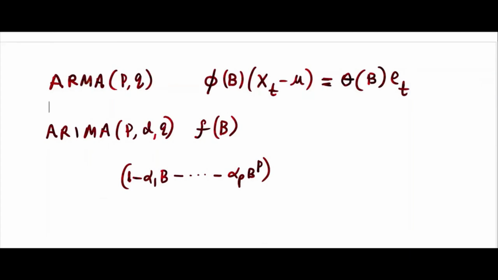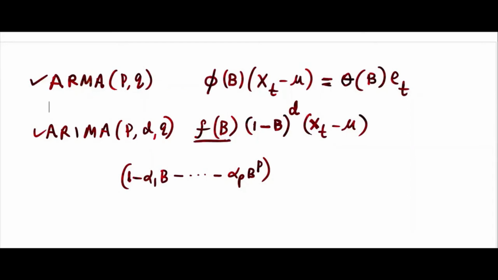And for this d, we'll write one factor here, okay, before xt minus mu. 1 minus b. If you write 1 minus b, you need to differentiate once, okay? So 1 minus b square, 1 minus b power d. This factor you have to find out. Then this will remain the same, xt minus mu. That means if you want to compare this one and this one, you see this one is changed, okay?